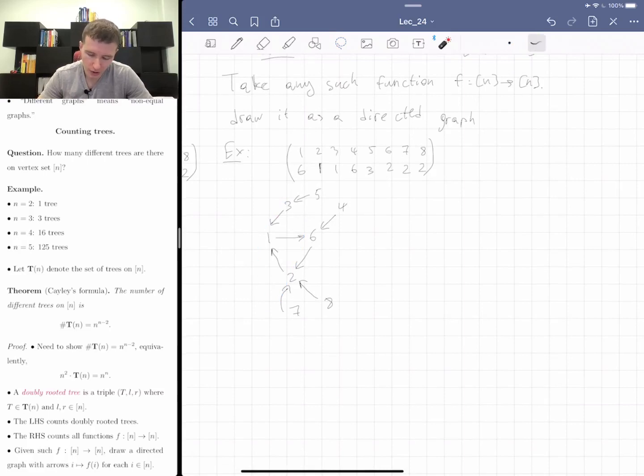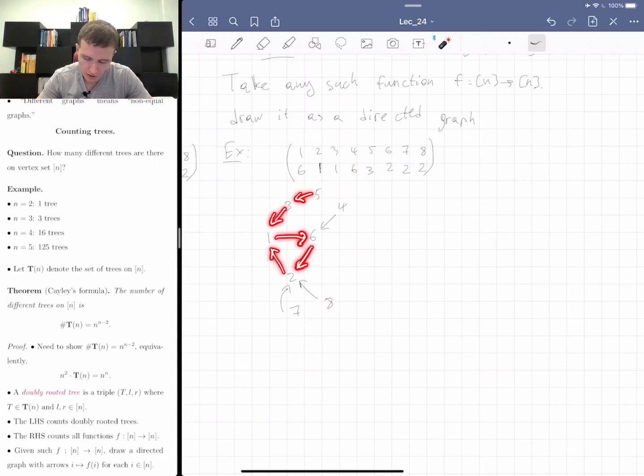The question is, what is it going to look like in general? It's not a permutation. If I did the same for a permutation, I would get a union of several cycles. But here I get some branches which end up in a cycle.